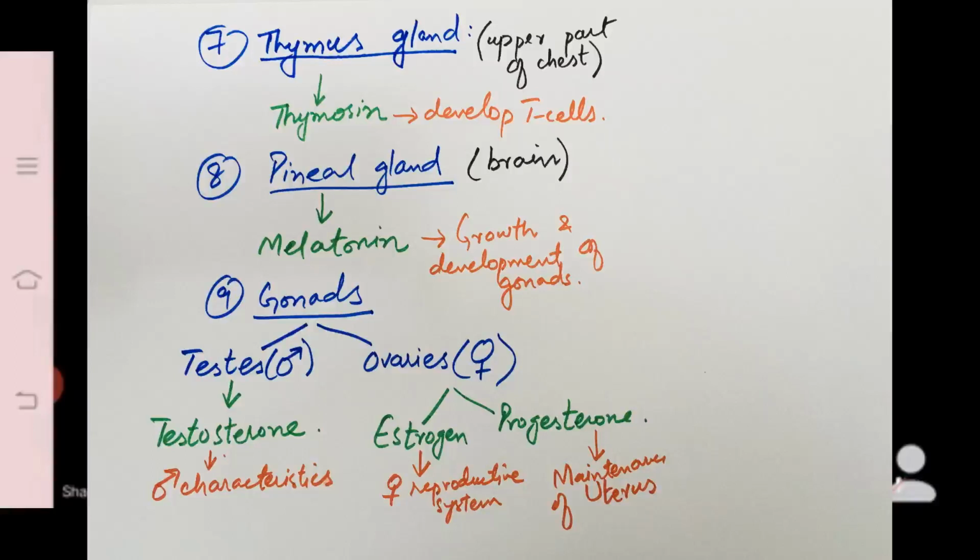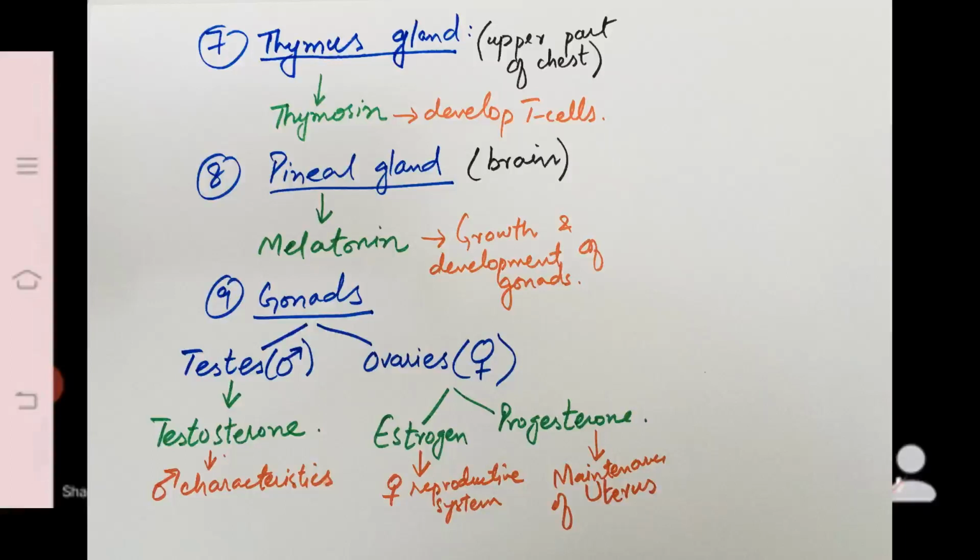Now the last one, that is gonads. Gonads are the reproductive parts in male and female. So it is divided into two, that is testis, the male reproductive part, and ovaries, the female reproductive part.